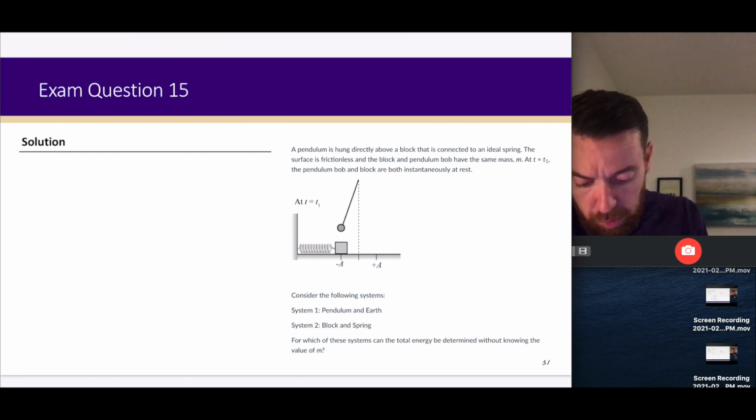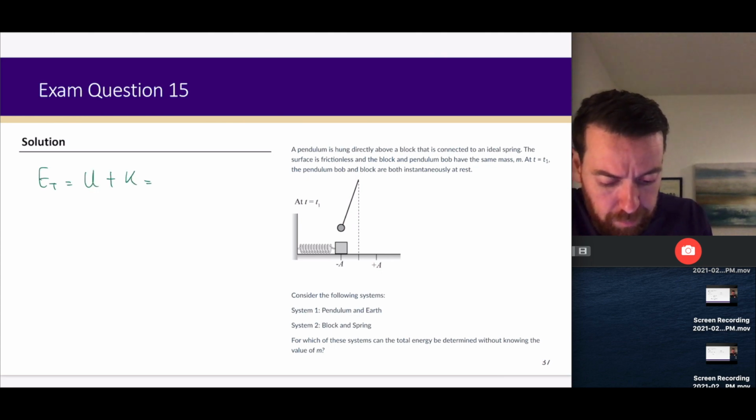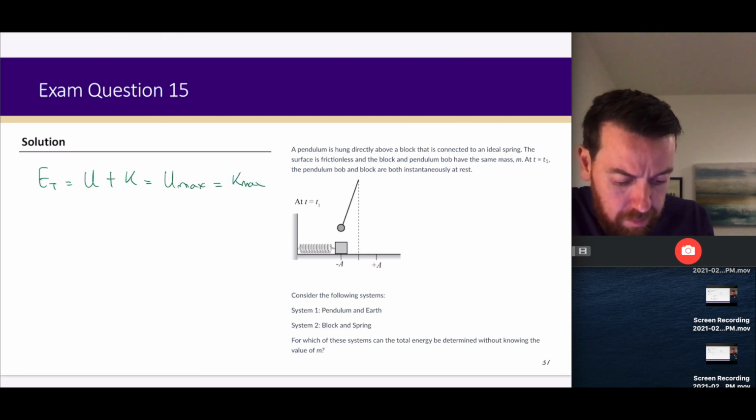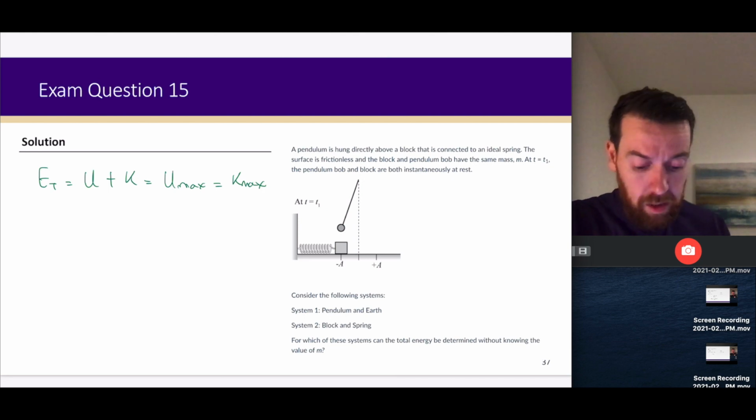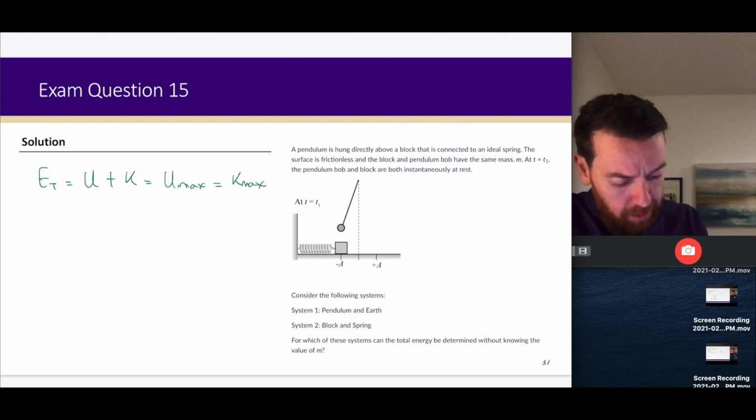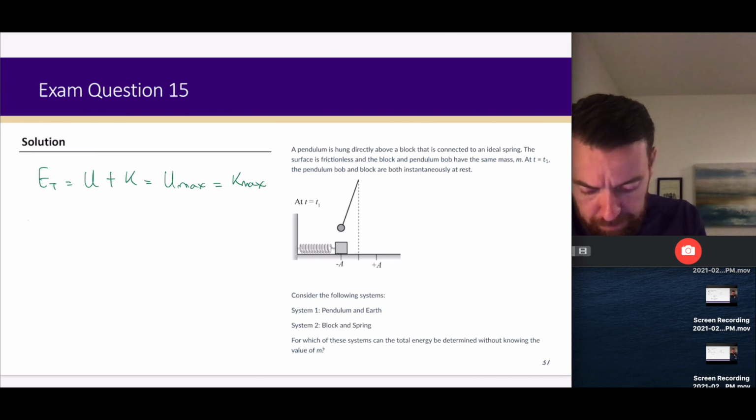So the total energy is equal to U plus K. That's also equal to U max, which is equal to K max. Now in both scenarios, K max is definitely dependent on m. So let's think about the spring example, system 2, the one that isn't dependent on m.